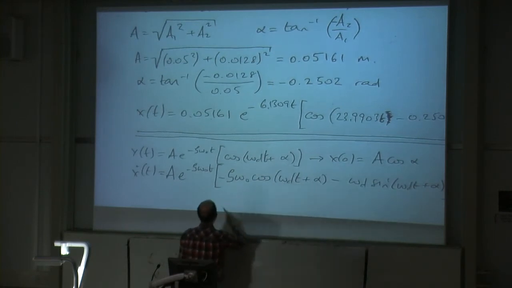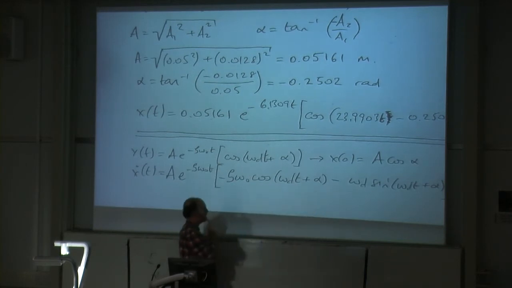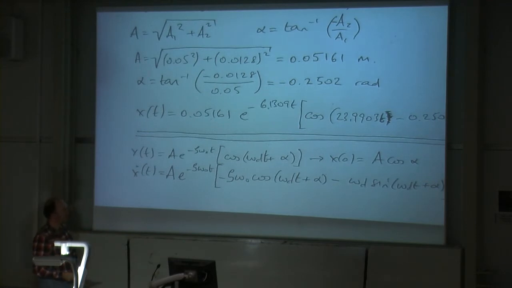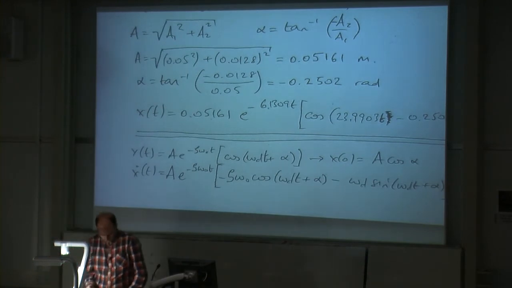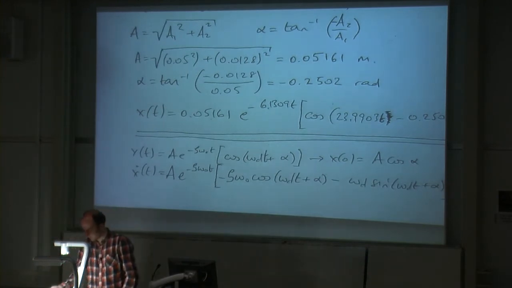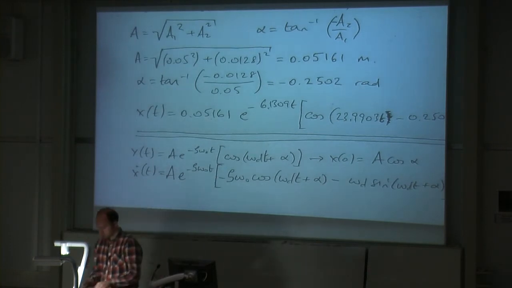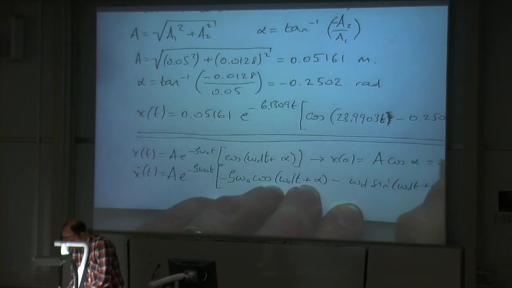Well, you know that A cosine alpha is that, okay, is x naught, so you can replace that. You could therefore find out what alpha and A are, because you have two equations and two unknowns, okay. I won't go through the motions, but you can do so in your own time.